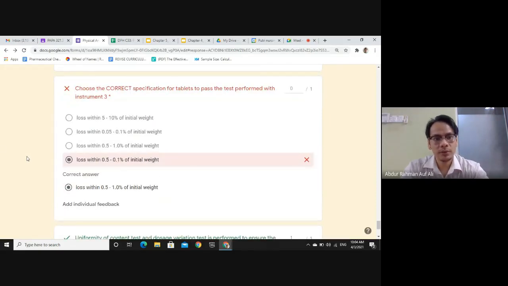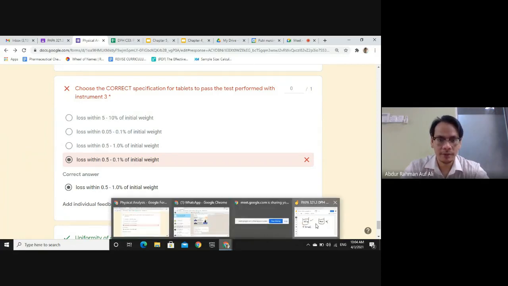Next question, choose the correct specification for tablets to pass perform with instrument number 3. So the general specification untuk friability test adalah loss within 0.5 to 0.1% of initial weight. So kat sini kita nak test friability test.